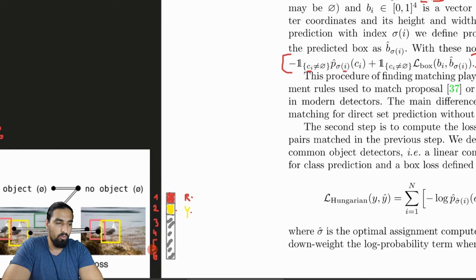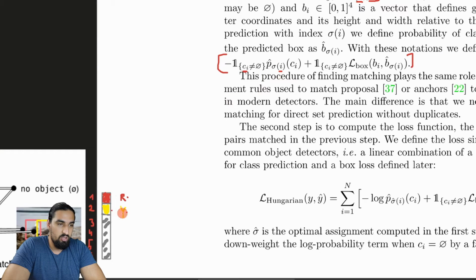Indices go from 1 to 6. So c of 1 is red. Because it's different from no object, this indicator function will be 1. Okay, so c of 2 is yellow. So it's still different from no object, so we're going to have 1 here. So it's minus 1 times this.